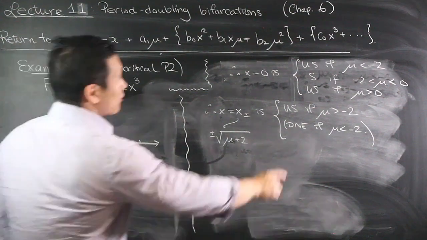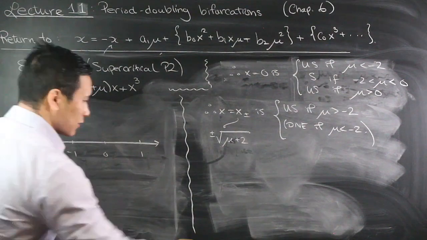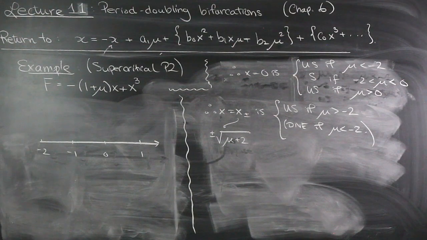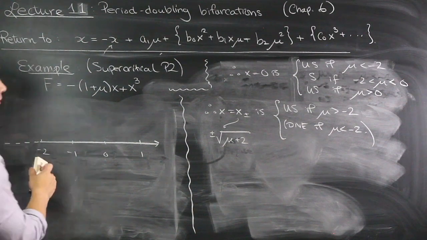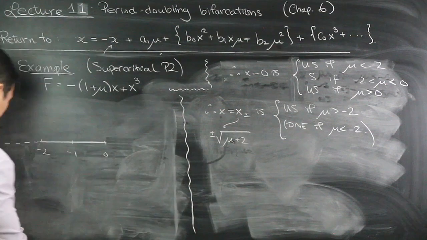It's unstable for this region, everything to the left of this, so let's erase that and make it dashed. It's stable within the band from -2 to 0, and it's unstable outside of that band like this.